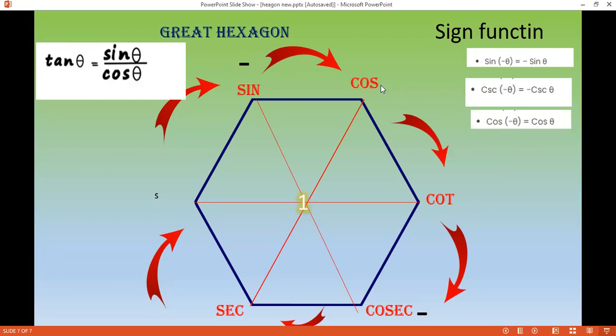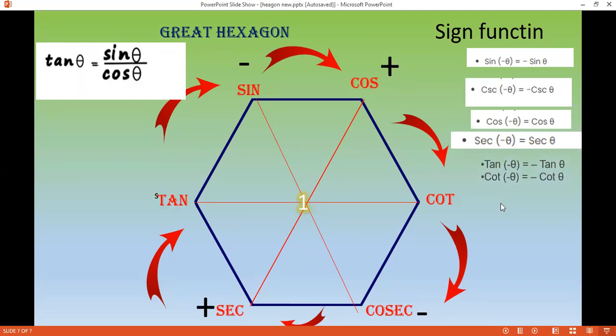Now let us observe the cos. Cos of minus theta is equal to plus cos theta, right? So cos is plus, then what about secant? The diagonal element is secant, and that is also plus. So secant of minus theta is equal to secant theta. Very good. Next, look at tan.